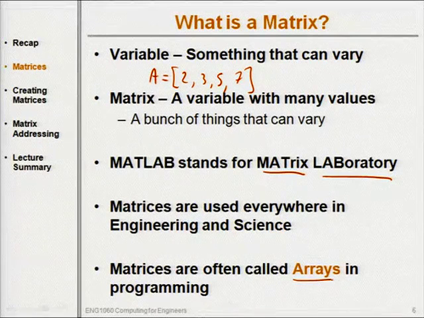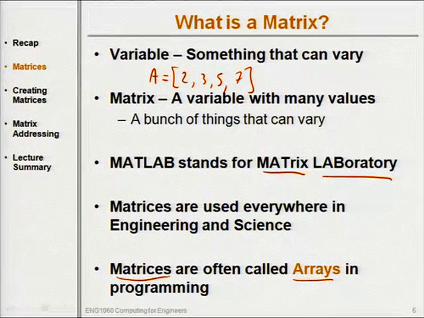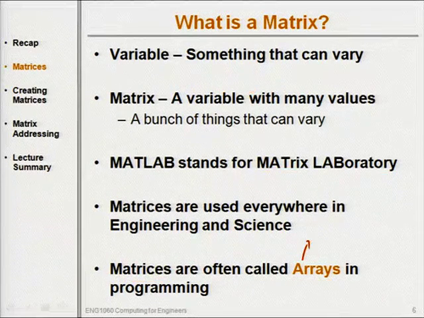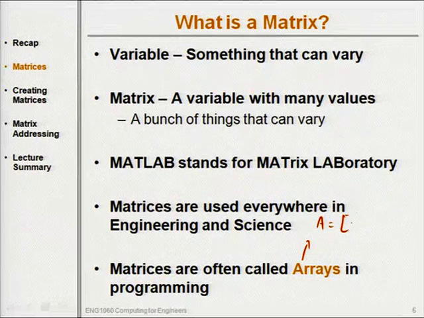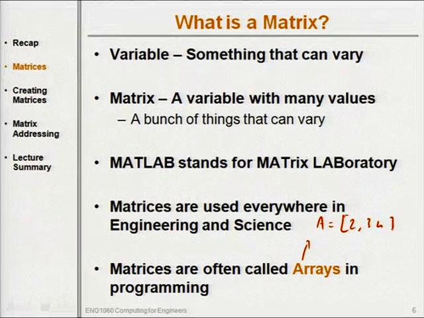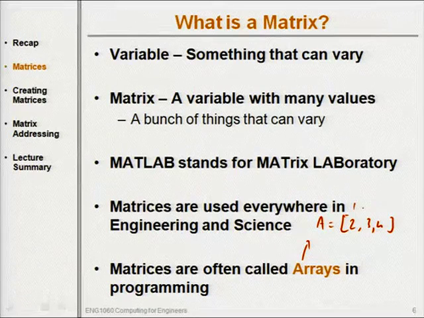For our case, we're going to define arrays as one-dimensional and matrices as two-dimensional. What I mean by that is, an array will be A equals some numbers, let's say 2, 3, 4. That's one-dimensional because you have one row and three columns.